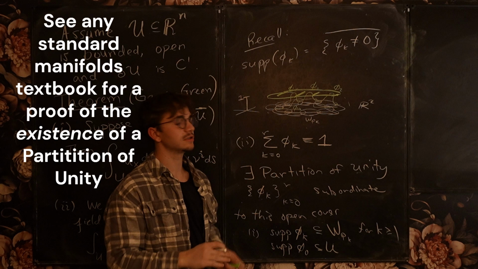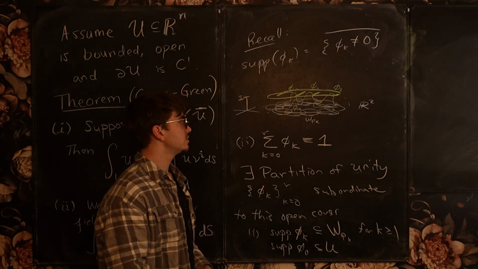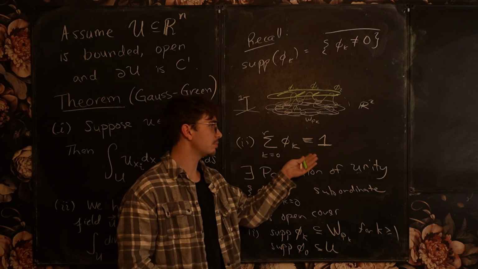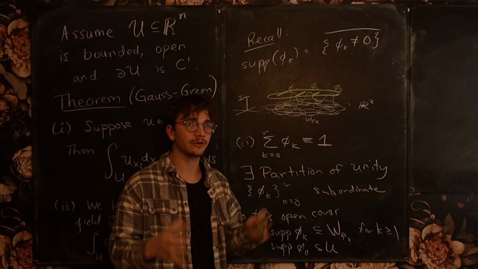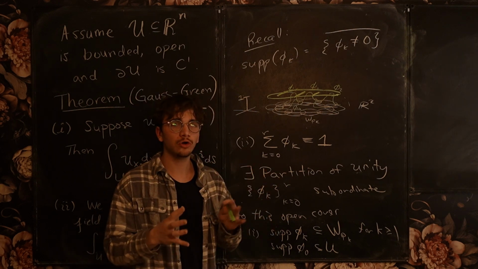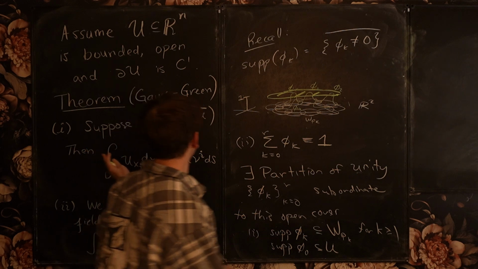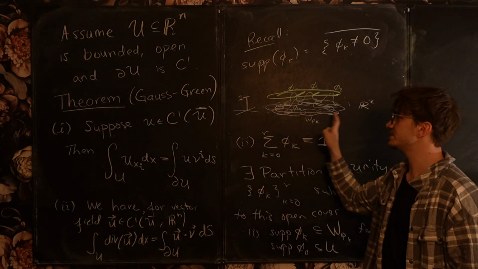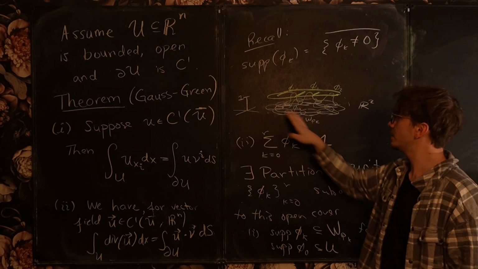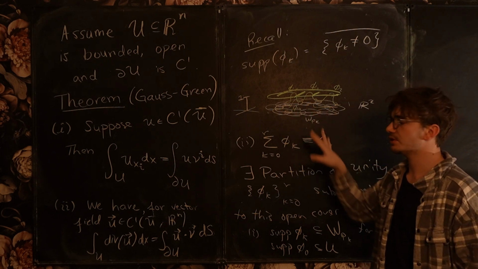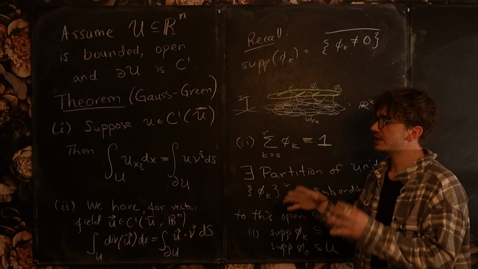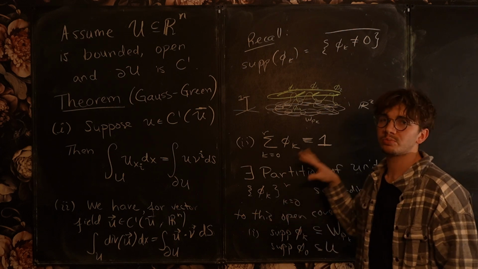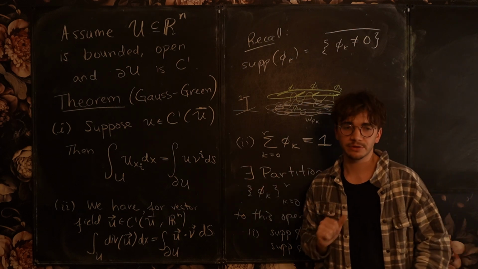So these phi k's give us the ability to glue together local properties. If we can prove this theorem locally, on each of these open sets and on U, then the partition of unity will allow us to glue together our local proofs to create a global proof of this theorem.